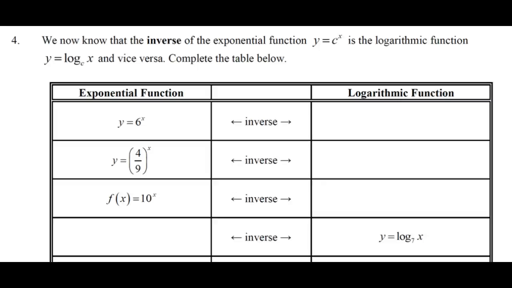We now know that the inverse of the exponent, okay, you can read that bit, right? So, y equals 6 to the x, inverse, x is equal to 6 to the y. The logarithmic form, okay, the exponent is equal to the log base.